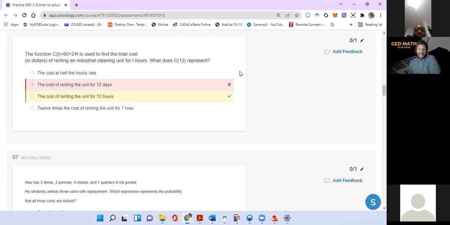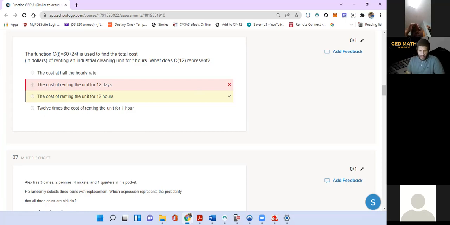So C stands for the total cost, and you also have to identify what the variable stands for. They're telling you it's for running an industrial cleaning unit for t hours. So the variable t stands for the amount of time you're going to have this cleaning unit.